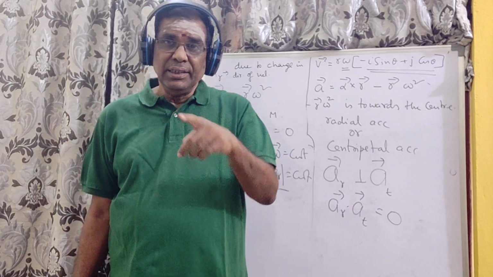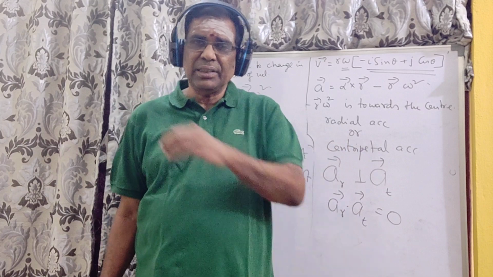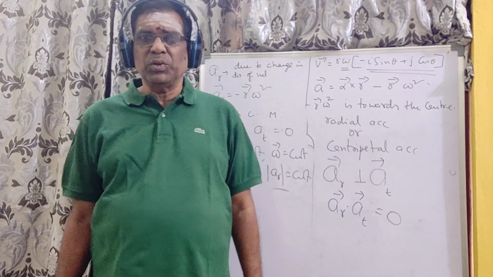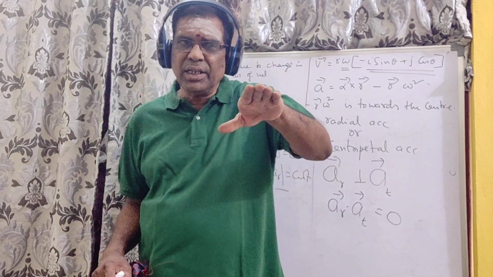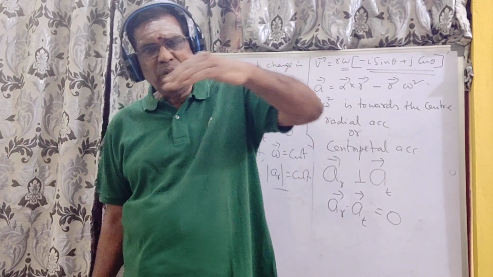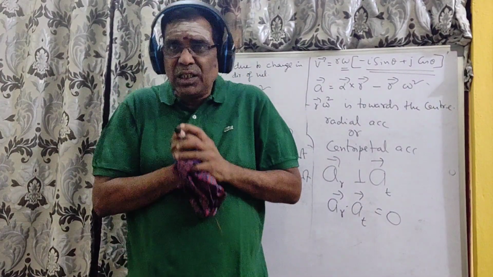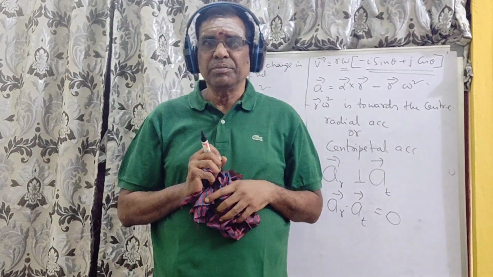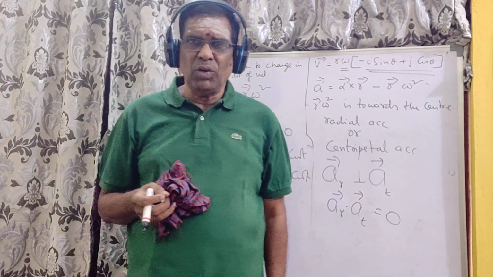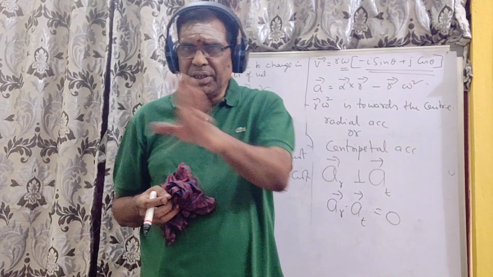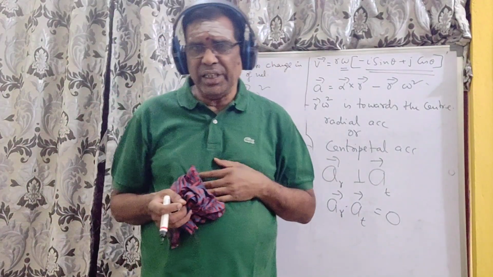But if radial acceleration is present, then it is curvilinear motion. If a body is simply going like this, why should it take a turn? That something is pushing it towards itself. I am not getting into the cause of motion, I have already told you.